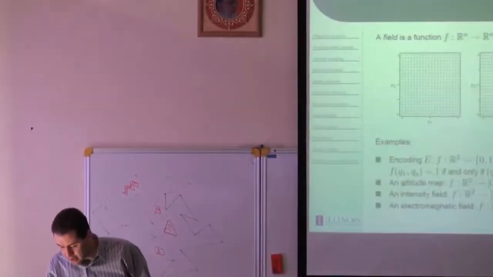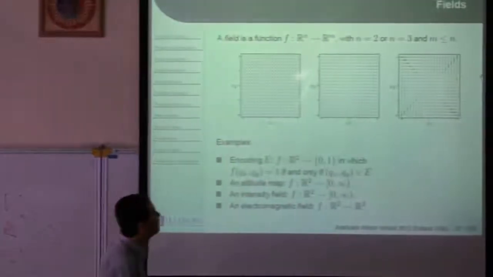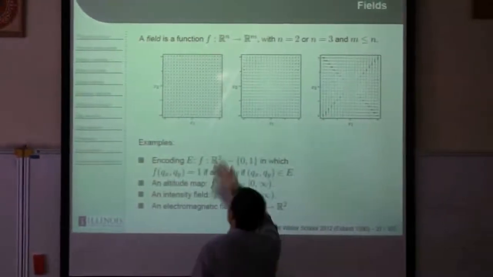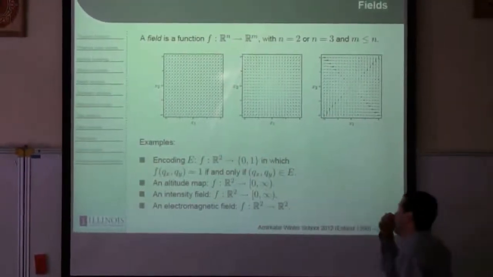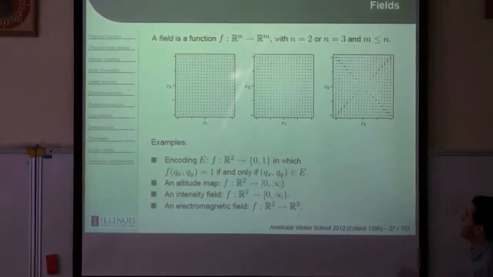All right, and I'm going to allow a couple more things in my models. I will allow fields. A field is a function that maps R^n to R^m. For our cases, n will be 2 or 3, and m will generally be less for the things we do.